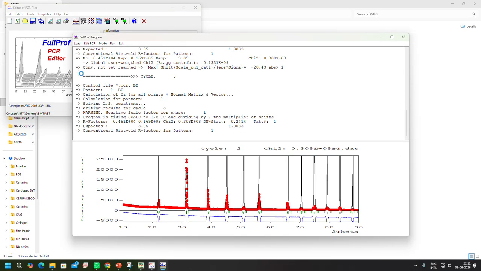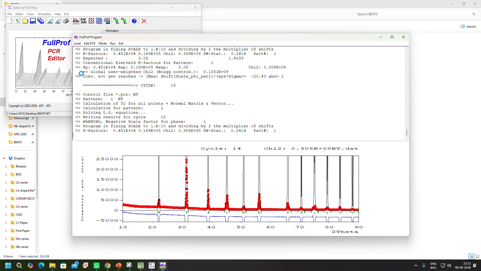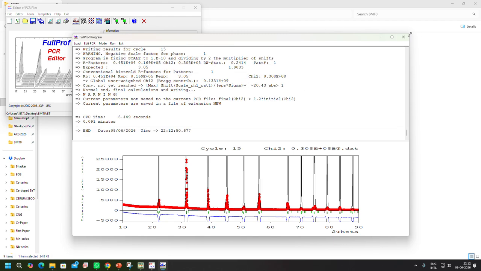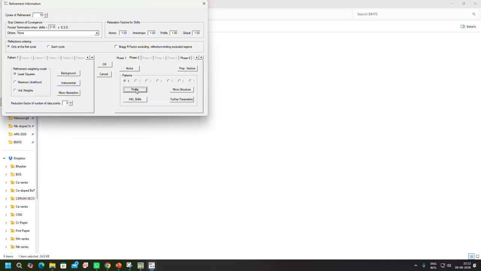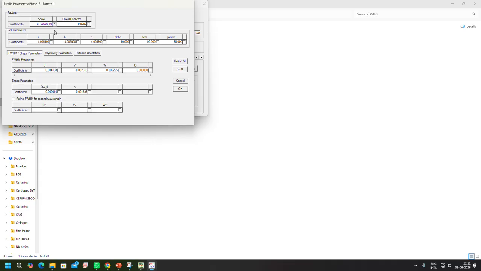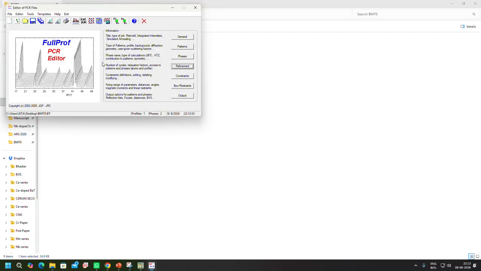Okay, so when you run, now the same input parameter for phase 2 you also choose, because it just initiates the process. If you do not run this profile parameter for phase 2 also, then your refinement is not started. So now you just save. Now you see the difference.